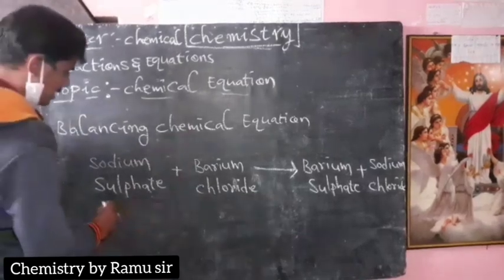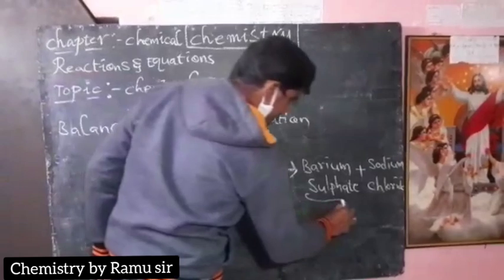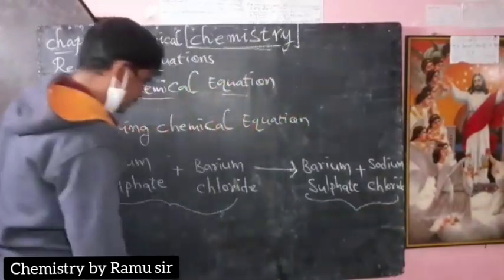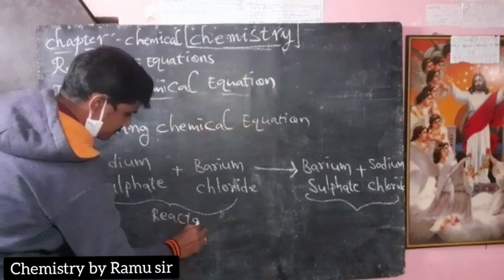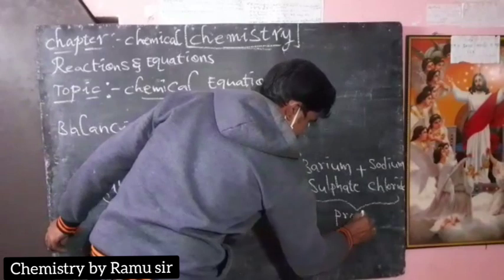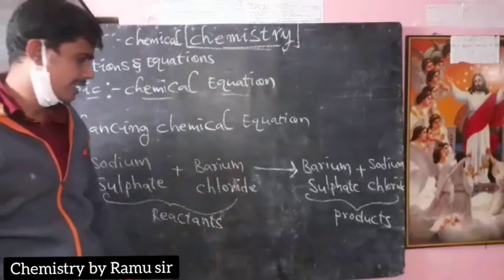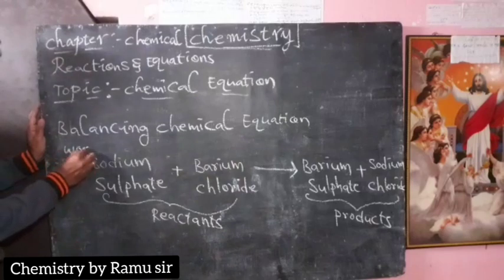So these are the reactants and these are the products. The arrow mark shows the direction of the reaction. This is called a word equation.